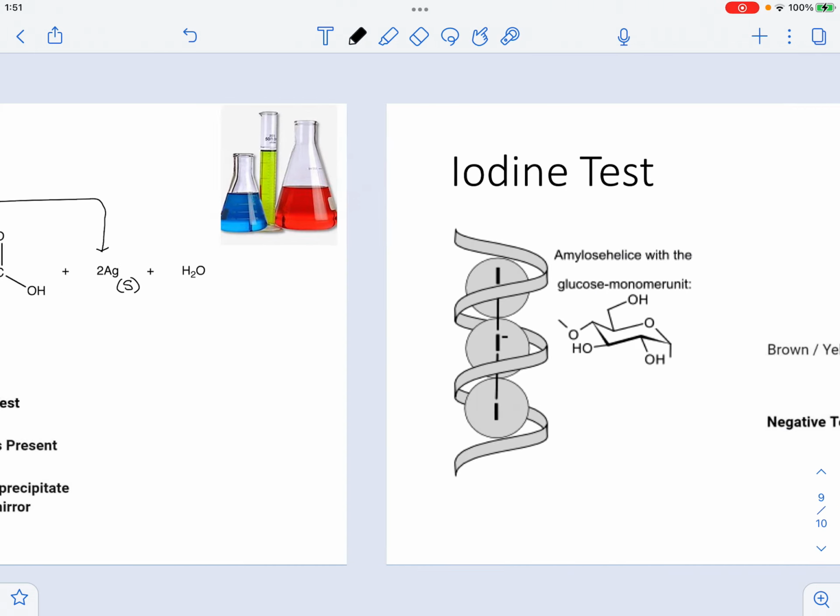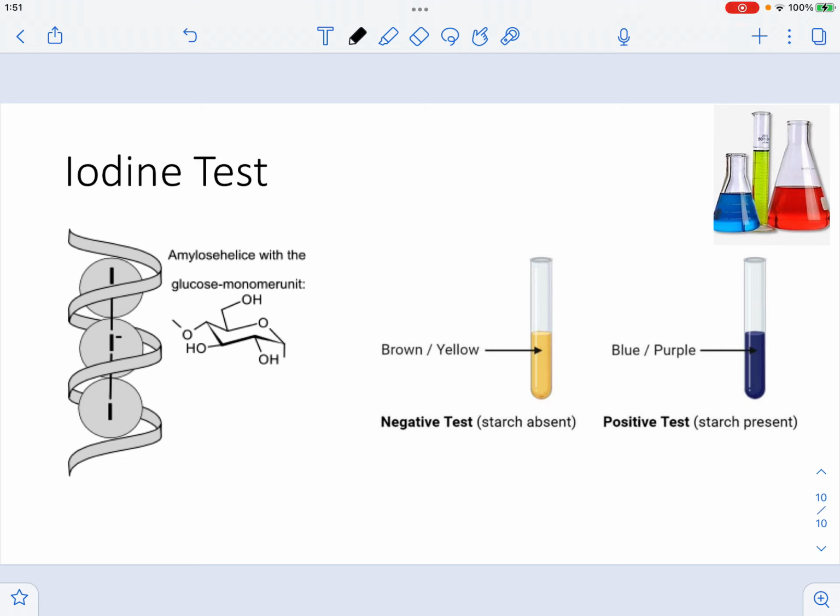Lastly, we have the iodine test. The iodine test is specifically for starches. So if you have a starch in your sample, since iodine is known to interact with the helix that is present in starches, that interaction creates a blue-purple complex.